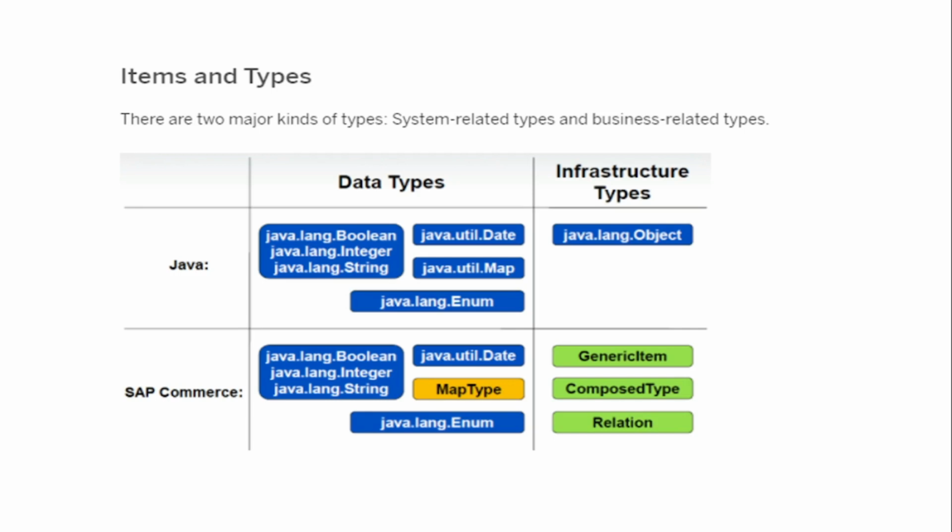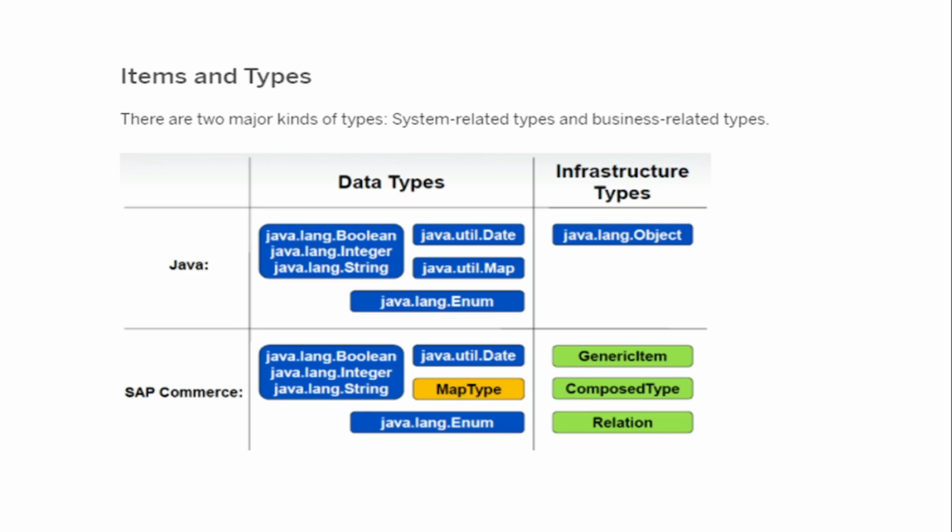Item and types. There are two major kinds of types we are using in Hybris, that is system related and business related types. System related means item types which are already provided by Hybris, like Java types or Java default types. Those are the system related, like boolean, integer, string, map, enum.